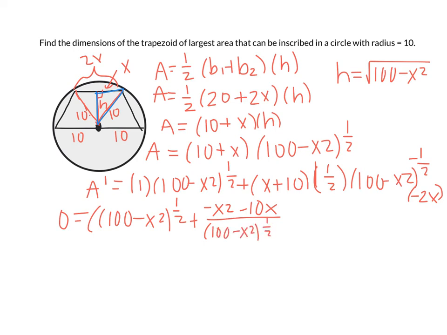So that negative exponent, just put that in the denominator, times (100 minus x squared) to the 1/2. This is an exponent, sorry, that does not look like an exponent. And then simplify that.